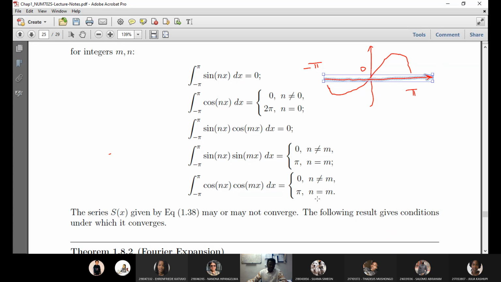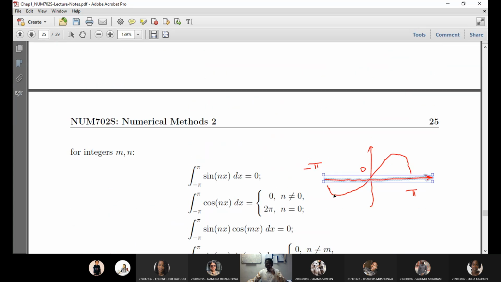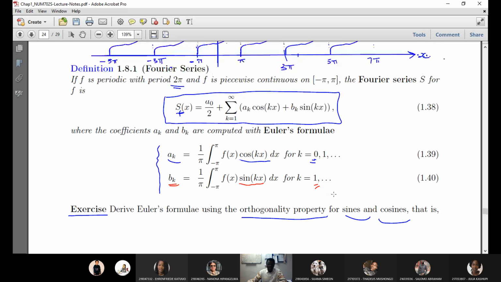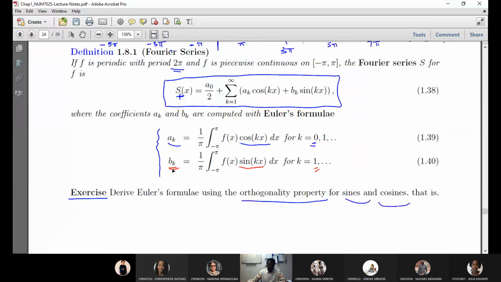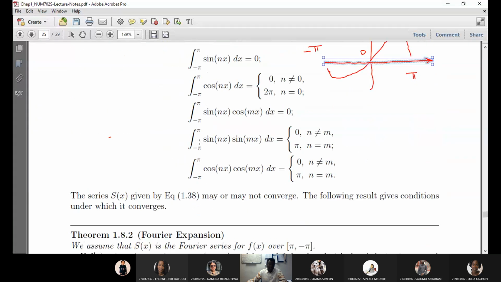And you can see that in this summation, all the other terms in the sum will give you 0, but only one term will give you non-zero. And that is the AK that you will extract and divide by the corresponding pi to get this formula. You can see that the factor here is pi, and that's exactly the pi that you have here, because that's the cosine.